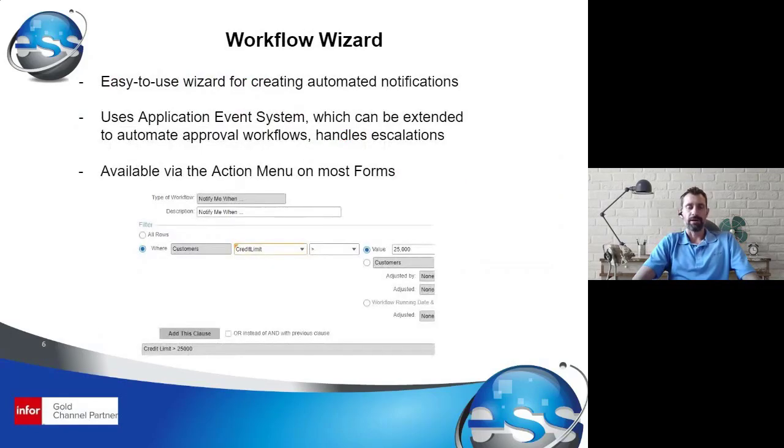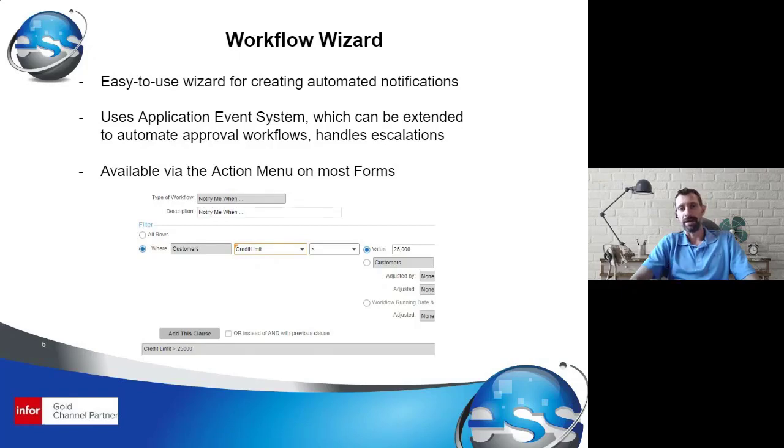The next thing I want to talk about is the workflow wizard. This is connected to the application event system, which is used to handle anything from email notifications to full-blown approval workflows as well. It also handles escalations. The wizard is a very easy way of creating event notifications that we can use to trigger things like if a new customer was added, or maybe if a new customer was put on credit hold.